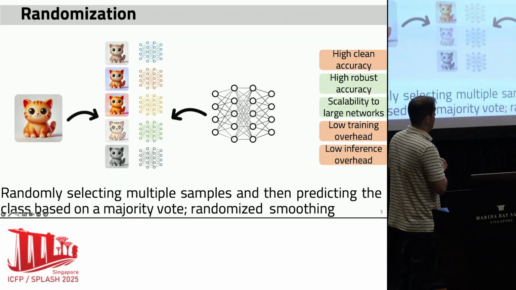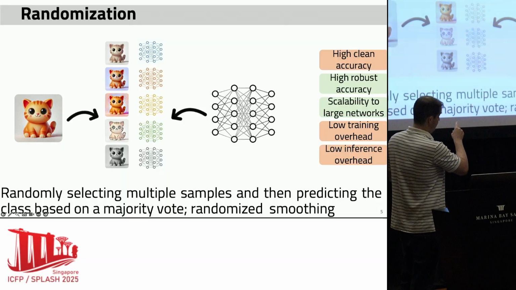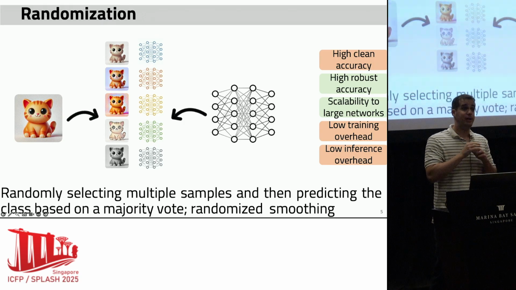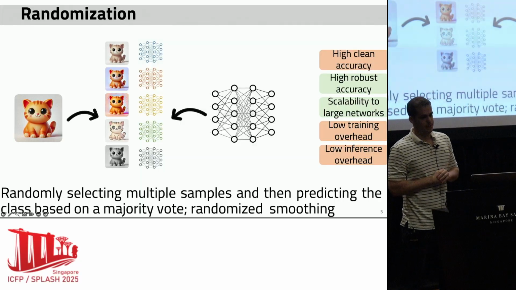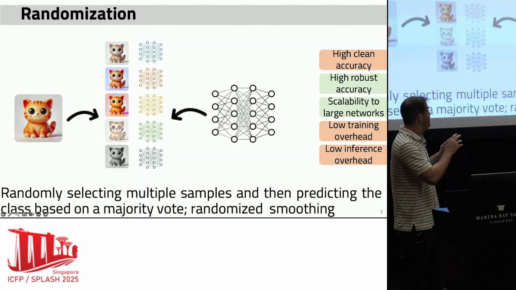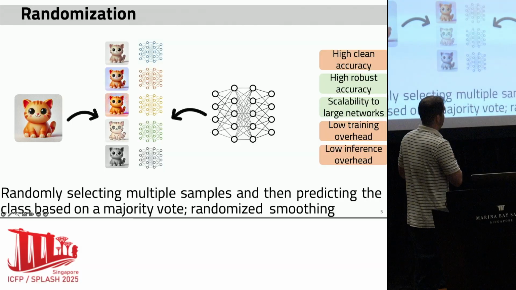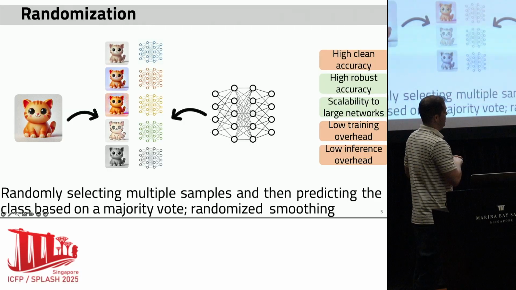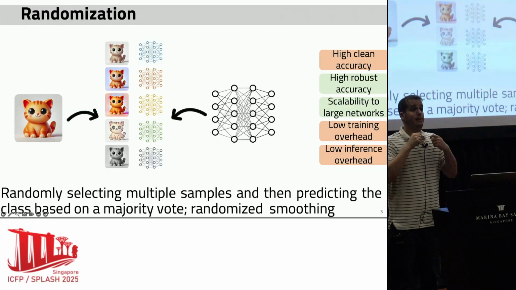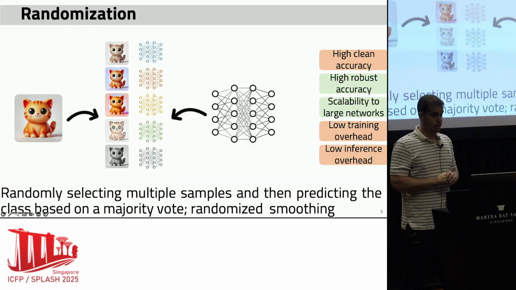The first one is the inference overhead, which is relatively high, because for every input, we need to run many noisy instances of the same input through the network. And in practice, it really hurts the clean accuracy, since we're adding noise to the classification process.